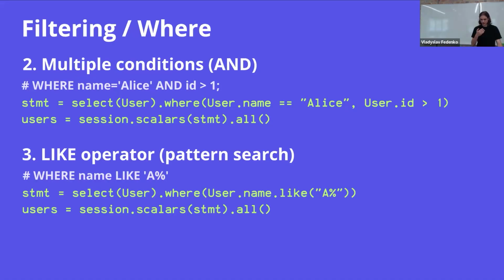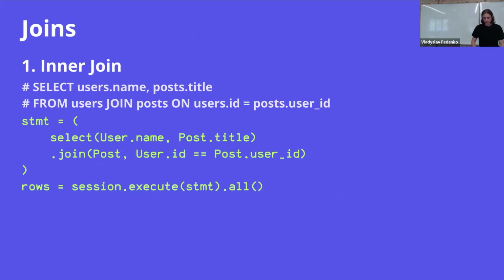Also, if you have and, you add those and statements with a comma. If you have like, you have inside your mapped field already predefined functions and operators.